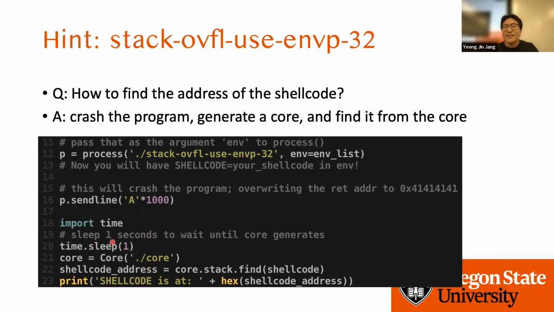The reason I insert the time.sleep is that there is a little bit of delay, so we wait until the core file comes in. From the core file, you can find the exact location of the shellcode, and then you can use that as a return address. Any questions for this specific method?